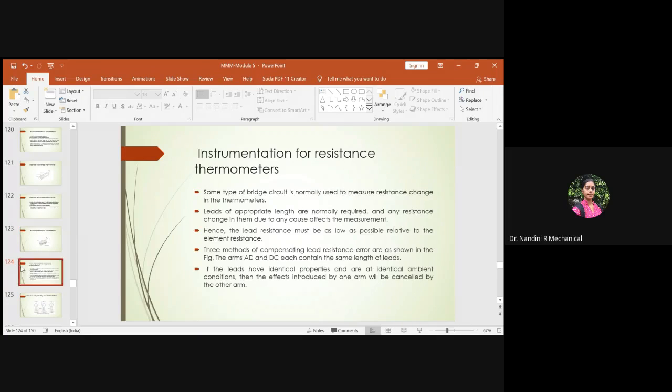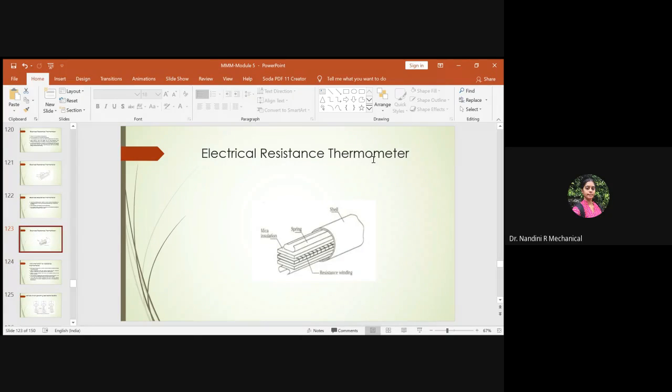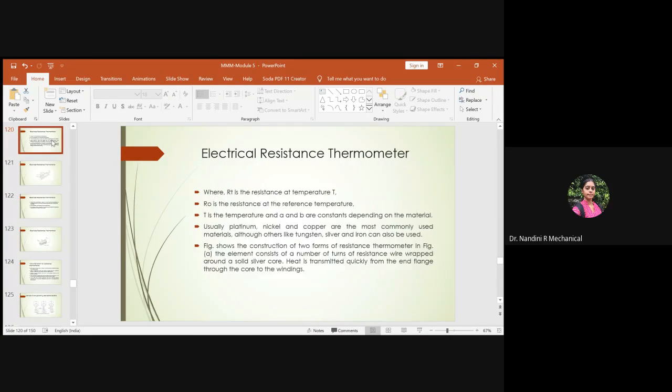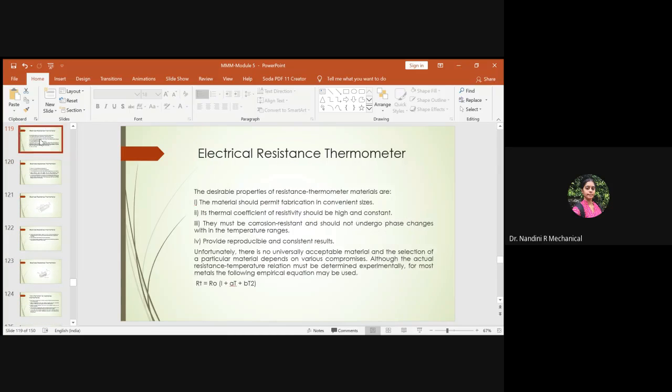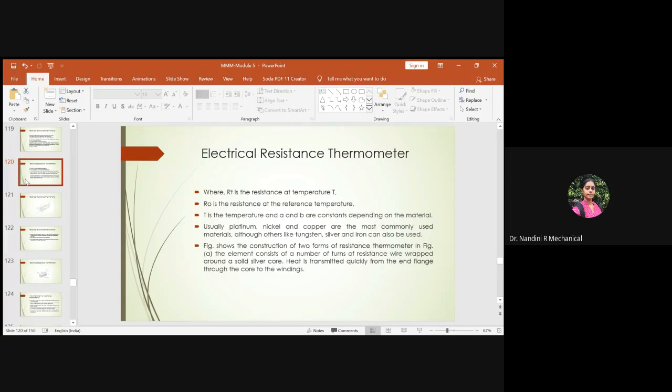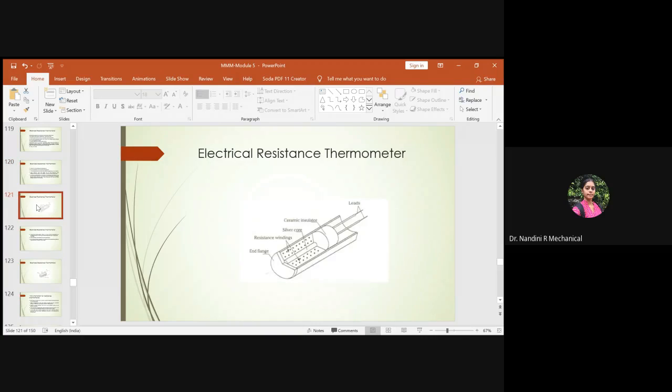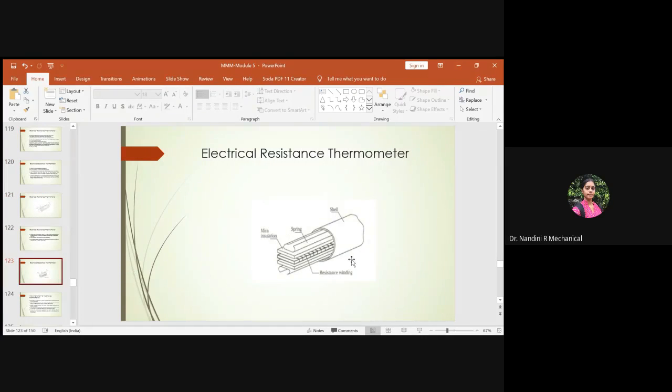So now you know about the electrical resistance thermometer. What are the properties you have to think about while devising the resistance thermometer, and how it is measured? And which are the two methods for construction of the thermometer: one is with the silver core, another one is the mica layers.